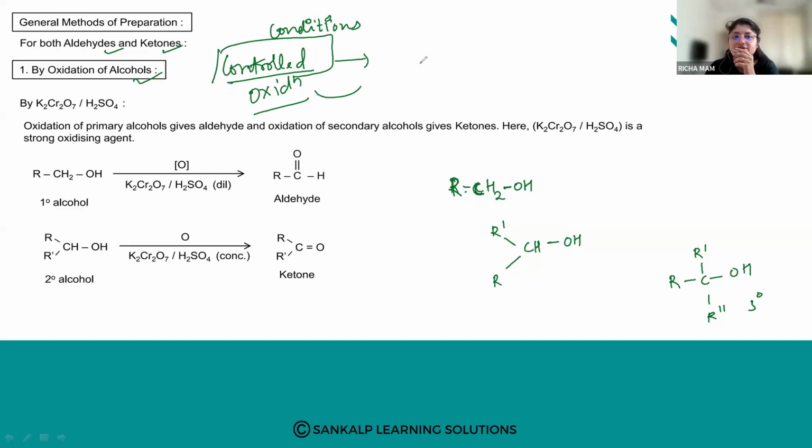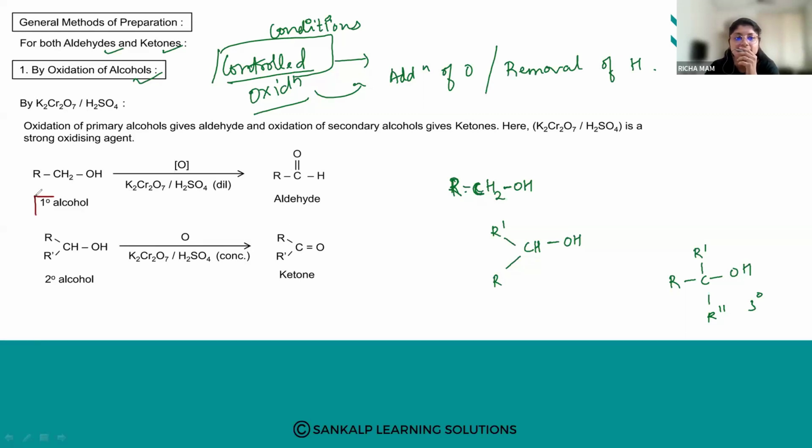What do you mean by oxidation? Oxidation is addition of oxygen or removal of hydrogen. This you know, right? Now, when we talk about controlled oxidation, we want to prepare aldehyde and ketone.